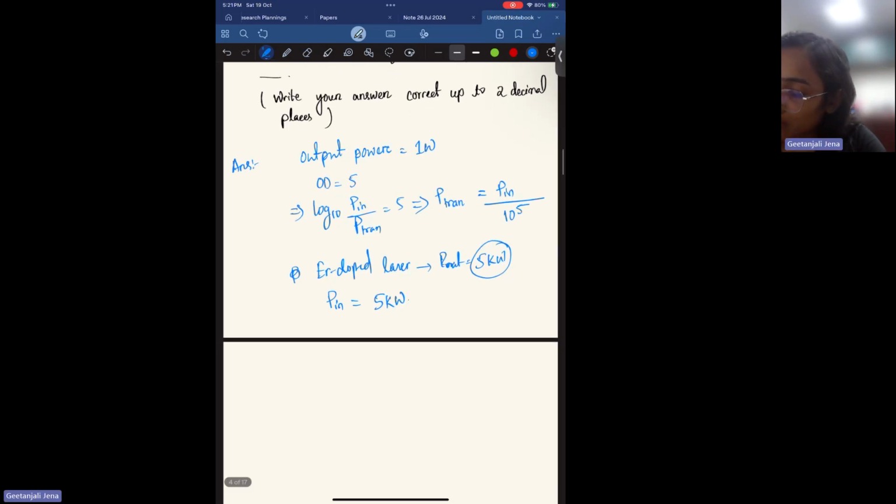So now we want the power to reduce by 10 to the power 5. So that means P out should reduce to 5 by 10 to the power 5. Sorry, it should reduce to 1 by, sorry, there is a typo.